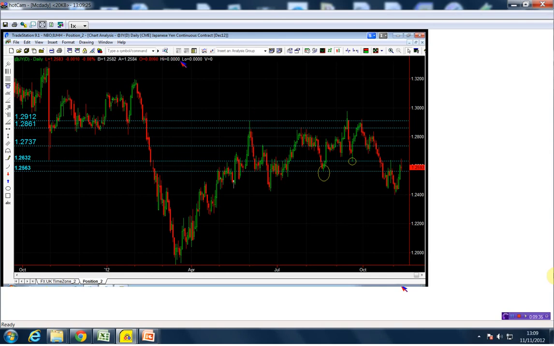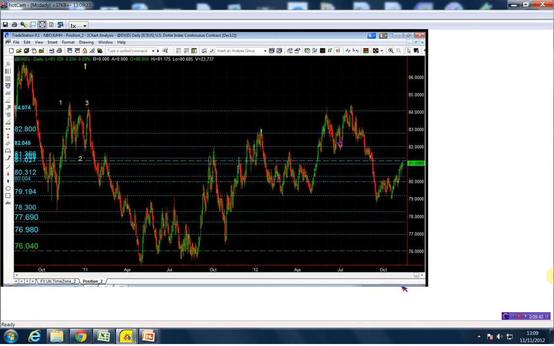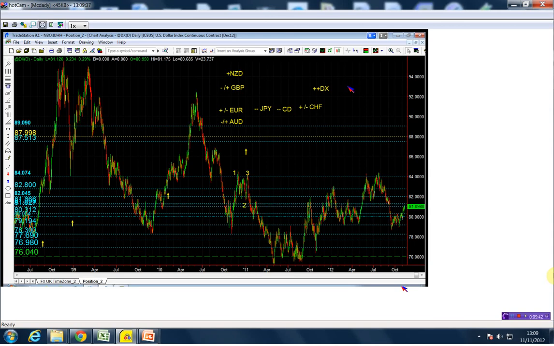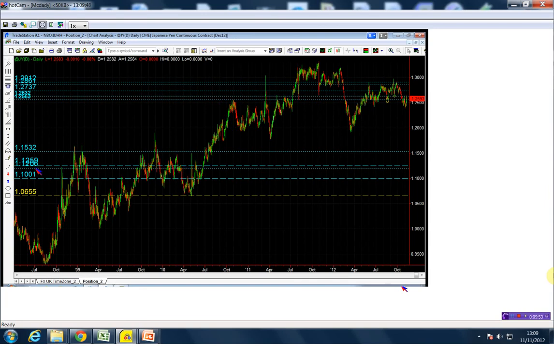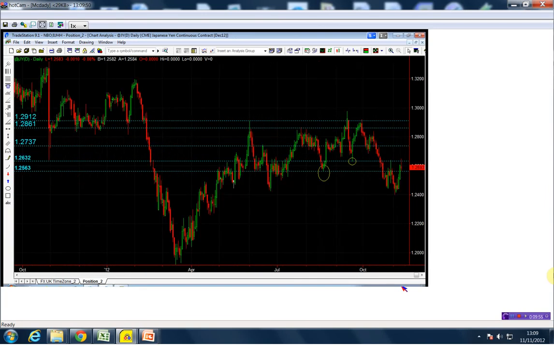So as far as the yen goes, it is a sell signal for us, and of course if it comes below the 125.63, which is about 30 pips from here, that would lead to at least a move down all the way to the 124. So we'll be looking to take a sell on the yen. We're looking to buy the US dollar.